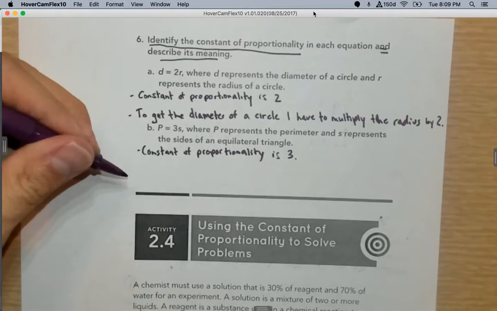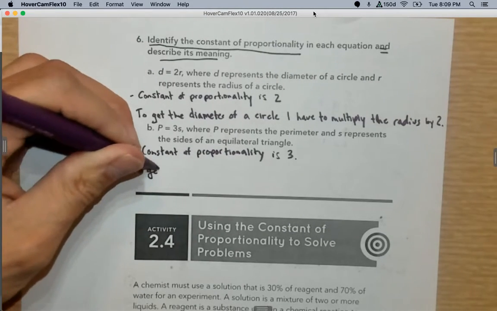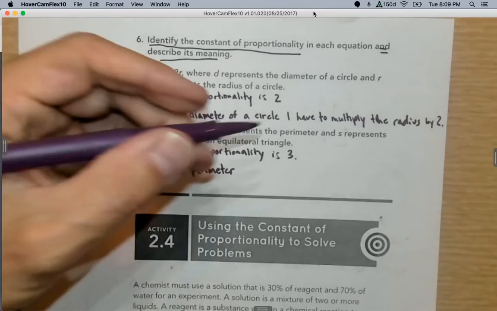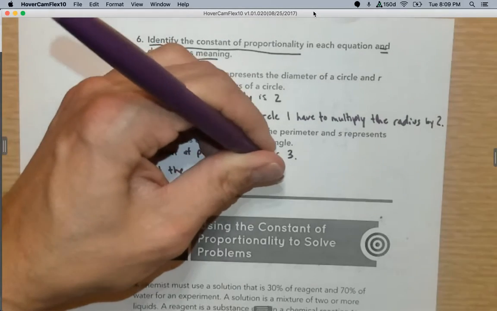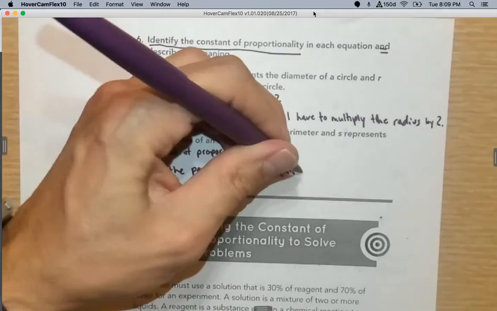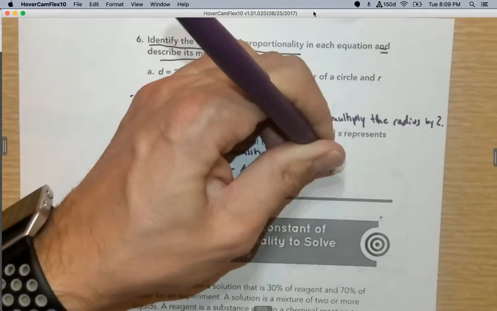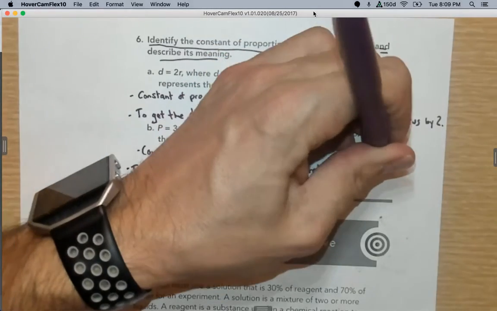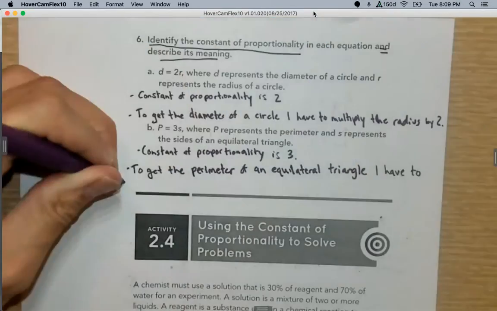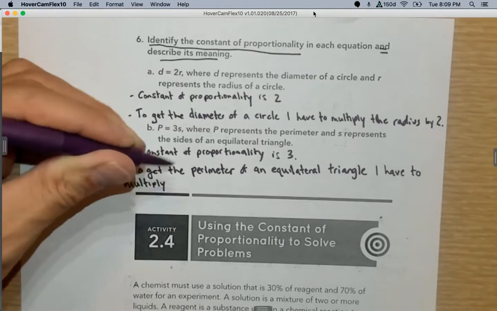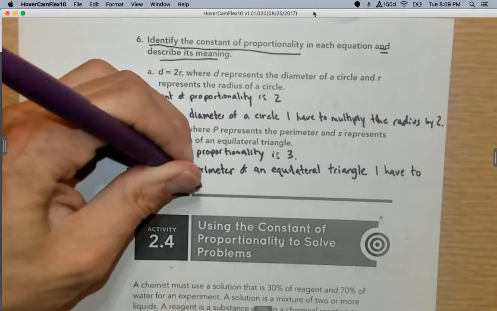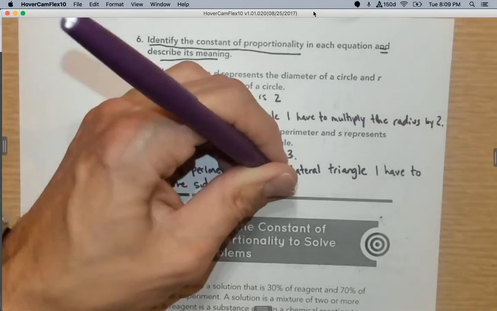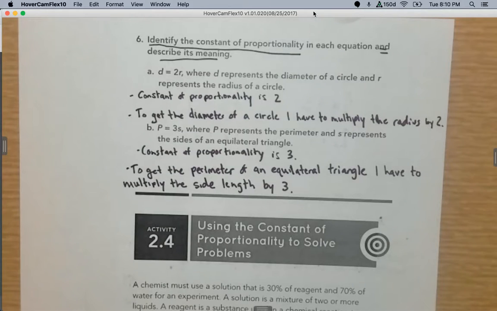And so this is saying to get the perimeter of an equilateral triangle, I have to multiply the side length by 3. Because there are 3 sides to a triangle, and all 3 sides are the same length.